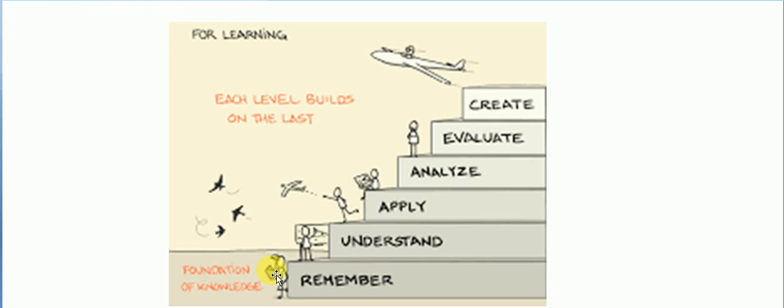Then we prepare it again in a different way, analyzing by thinking why it is not flying. Then we evaluate, yes, if I do it this way, it can fly very well. And lastly we create the finest balloon for our enjoyment. These are the learning steps of the cognitive domain in Bloom's taxonomy.